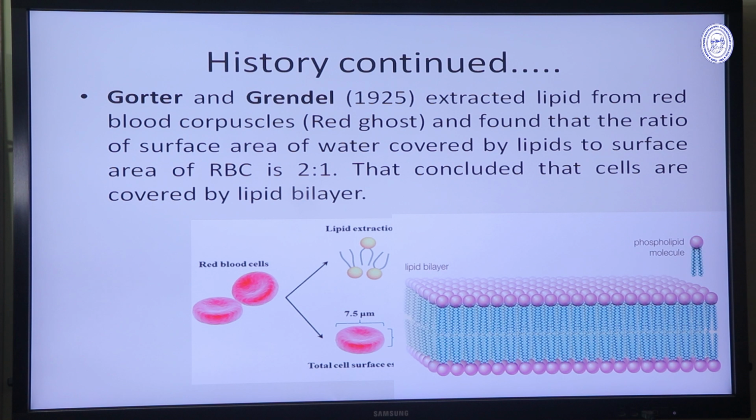So, first they concluded that the layer that surrounds this RBC or any cell is double in amount. So, it is not a monolayer lipid, but it is a lipid bilayer that surrounds a cell.